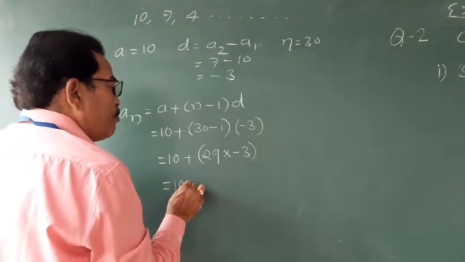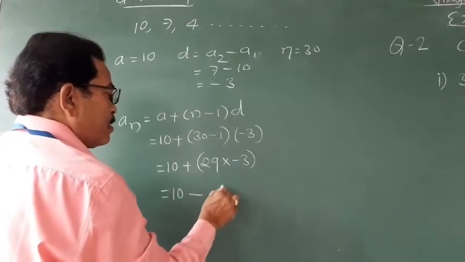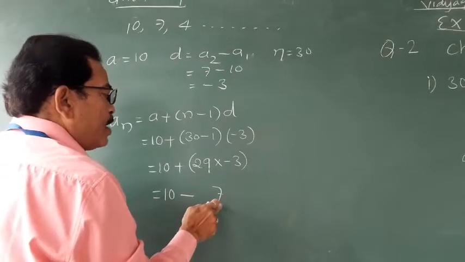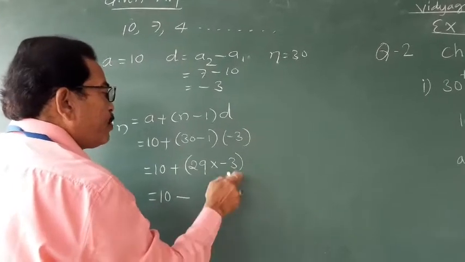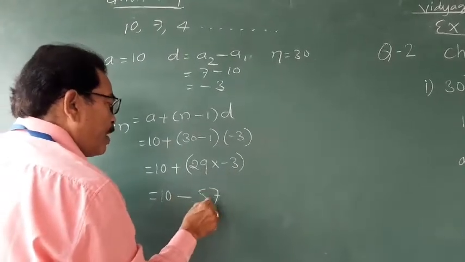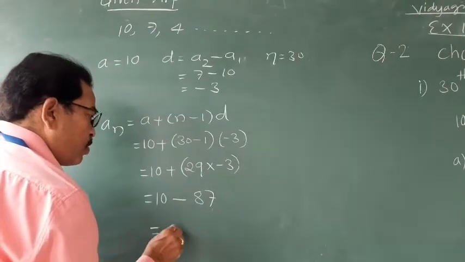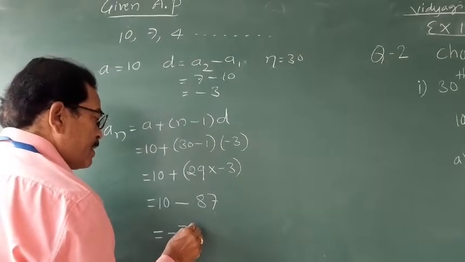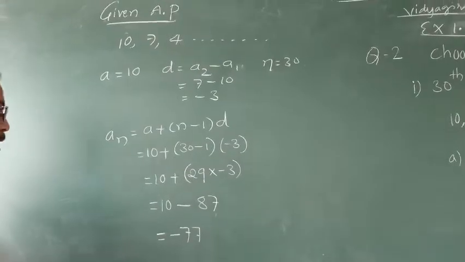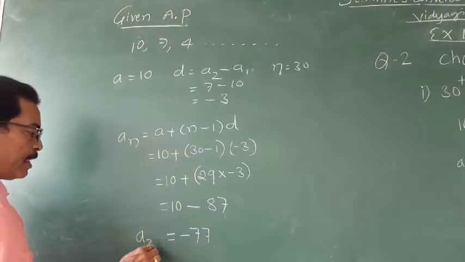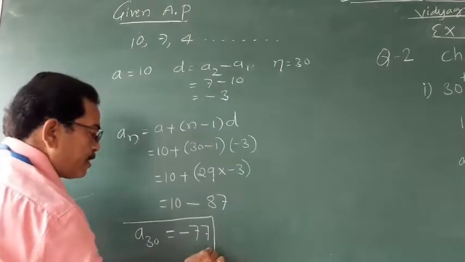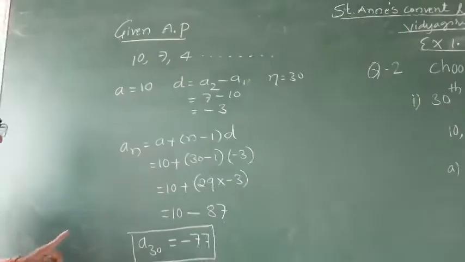Minus 3 9s are 27, carry 2, 3 2s are 6 plus 2, 8, so minus 87. 10 minus 87 equals minus 77. The 30th term is minus 77.